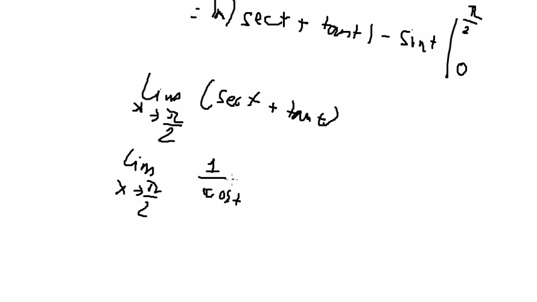This one is sine t plus cosine t, and so I put the same in here. If we put pi over 2 in here, we got about 0. This is about number 2. So in this situation, we got about 2 divided by 0. So that means you got about positive infinity. If you got about the positive infinity in here, this is about divergence.